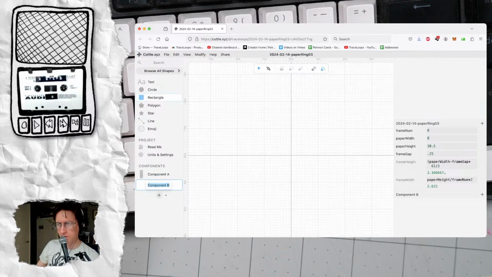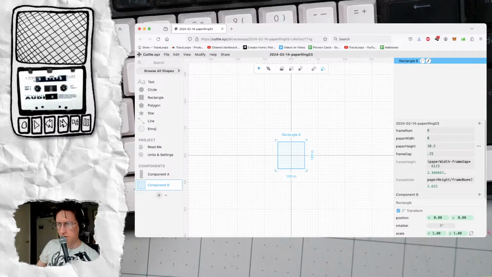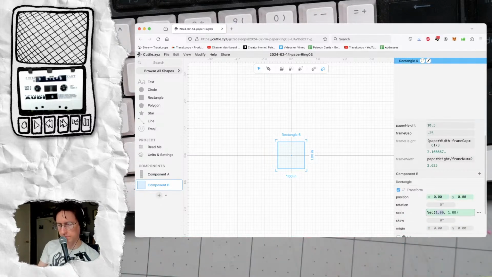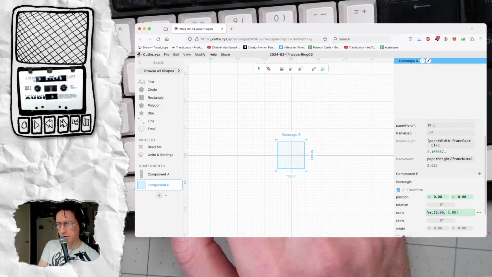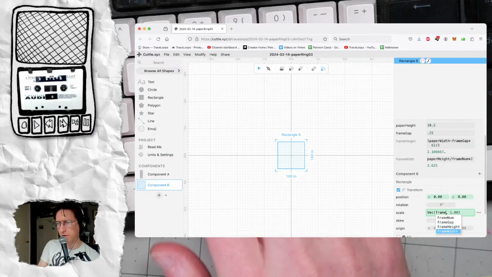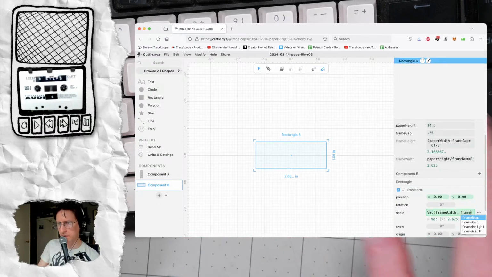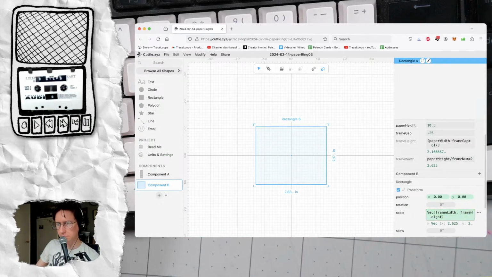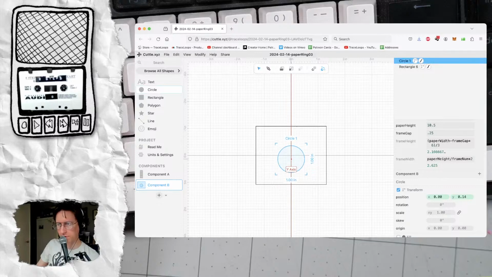So let's get a rectangle. This is going to be here in this original, in its position here. The scale is frame width, height. It's like 2 by 2. It's decent size. And so I know what I'm messing with, I'm just going to bring in a circle.